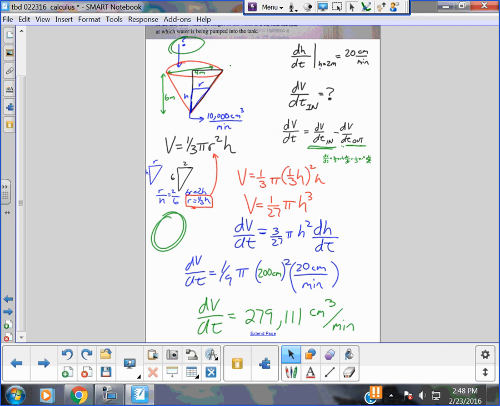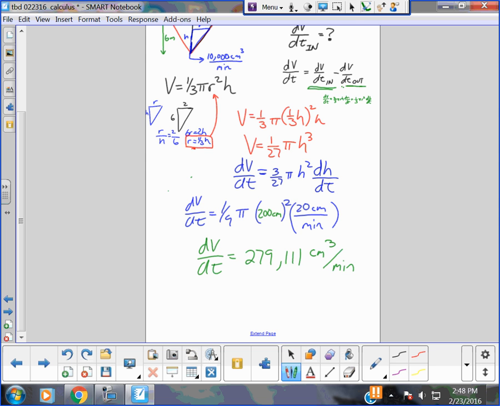All right? So what I'll do then is I know that the net is 279,000. So I got 279,111 centimeters cubed per minute. That's dV/dt. I don't know dV/dt in. That's what I want to know. But I know the out's 10,000, right? Cubic centimeters per minute.